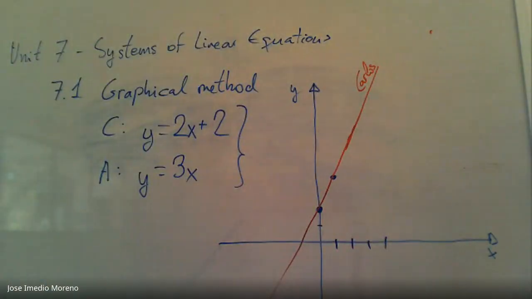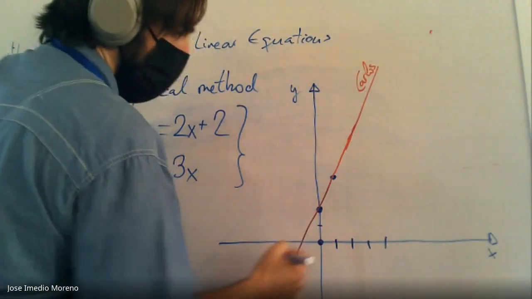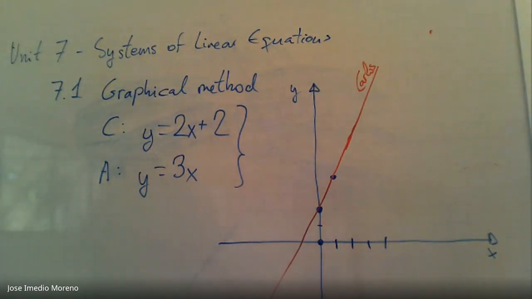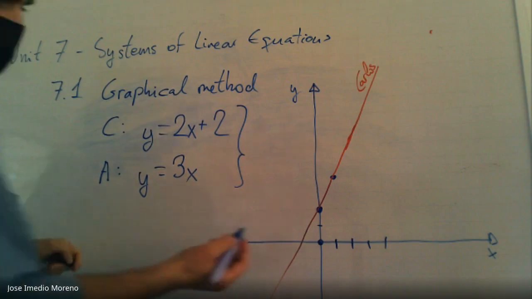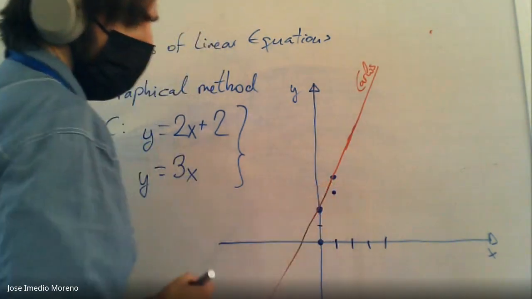Now let's represent the line for Andrea. She hasn't read any books, so her line goes through the point 0, 0. Then she reads 3 books per month. After 1 month, she will have read 3 books.